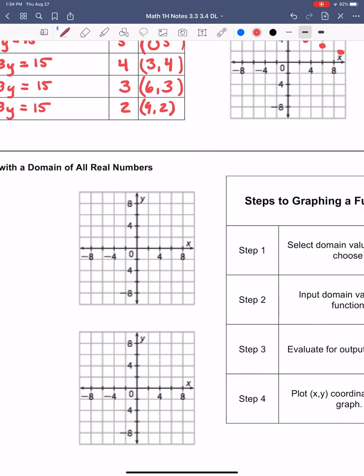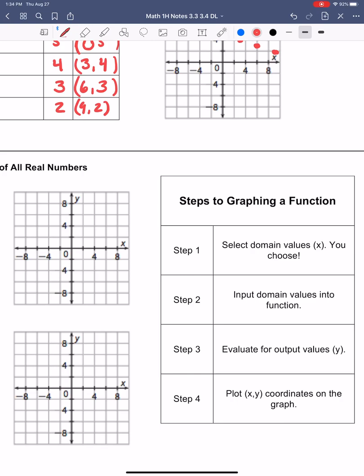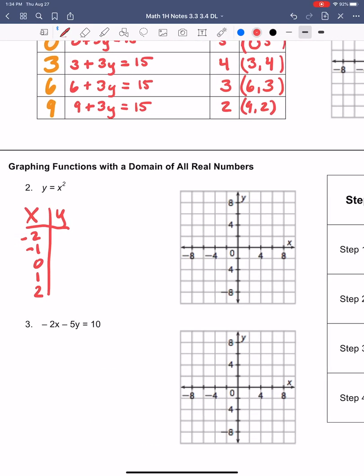And then it says, input the domain values into the function. So we'll go ahead and do that. I'm going to input these one by one into x. Okay, so I'm going to end up with 2 squared as my first one, which is going to give me 4. 1 squared, which is 1. 0 squared, which is 0. -1 squared gives me +1.